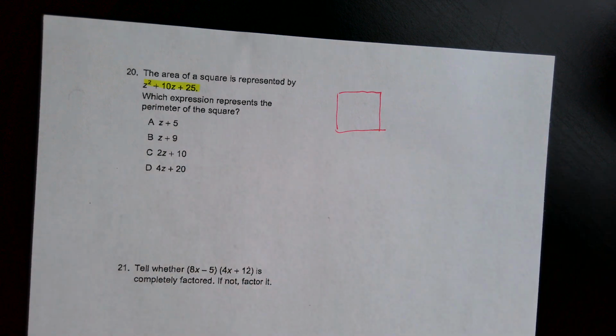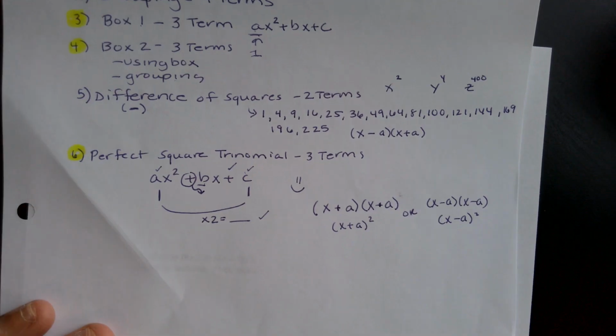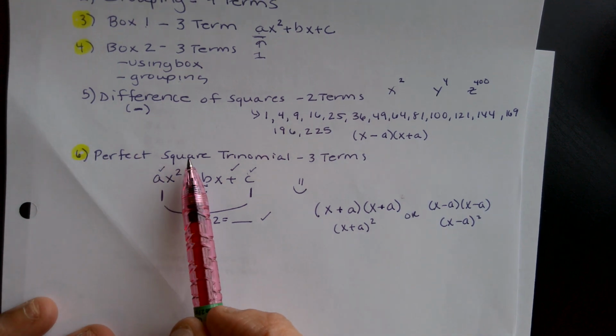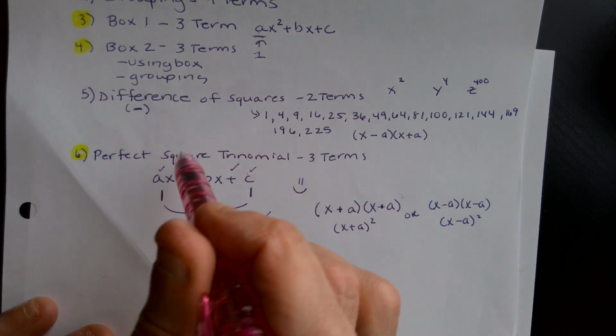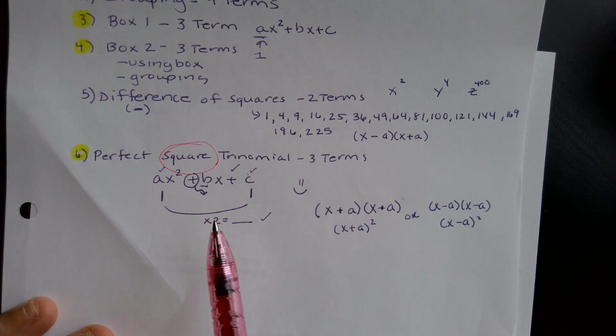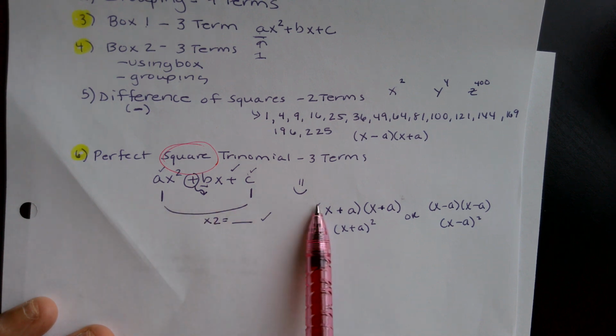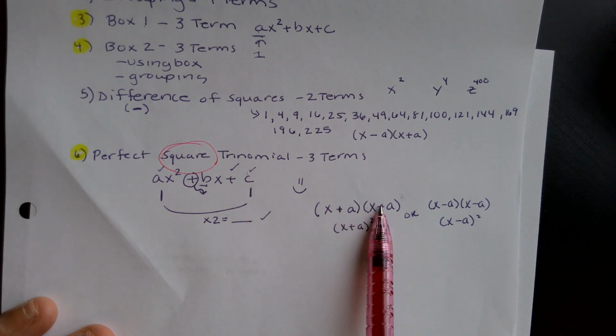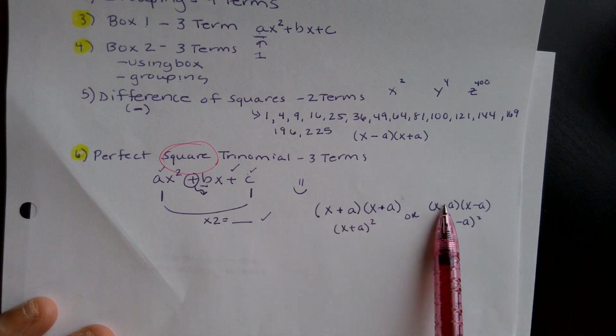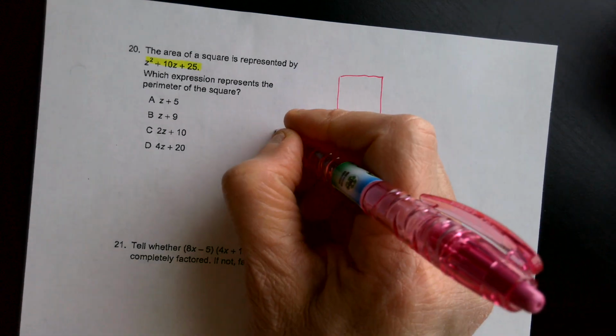Well, you know what would be really nice is, because if it's a square, it should be a perfect square trinomial. So it should work out that each side is the same, whether it's plus or minus, I don't know, but they should be the exact same thing. So let's take a look at that.